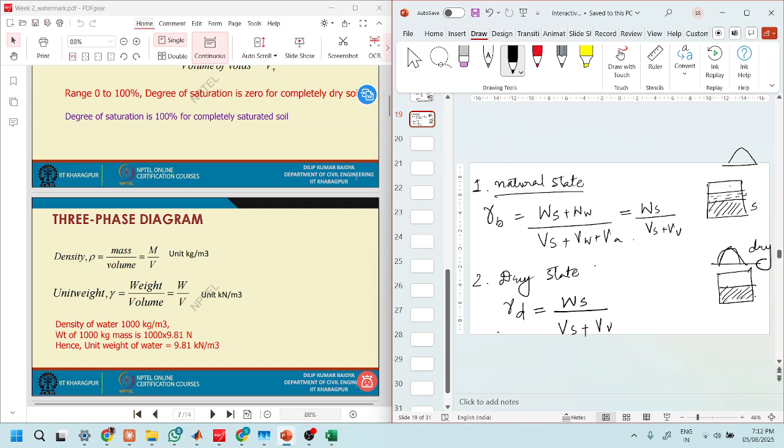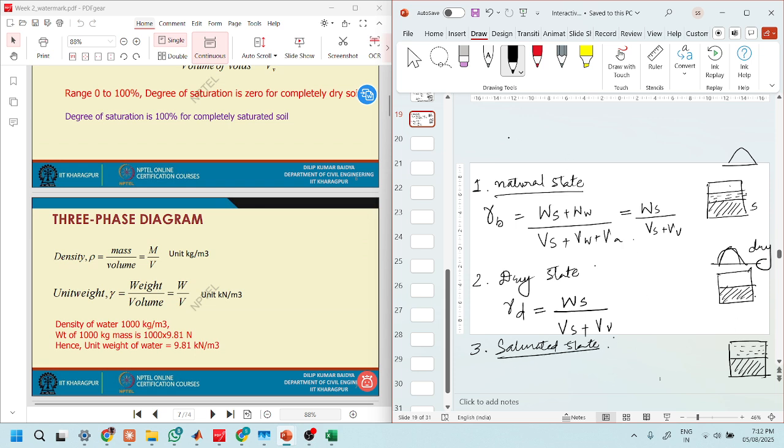Then in the third place, I will saturate it with water. I will completely fill all the voids with water. This is the same soil.